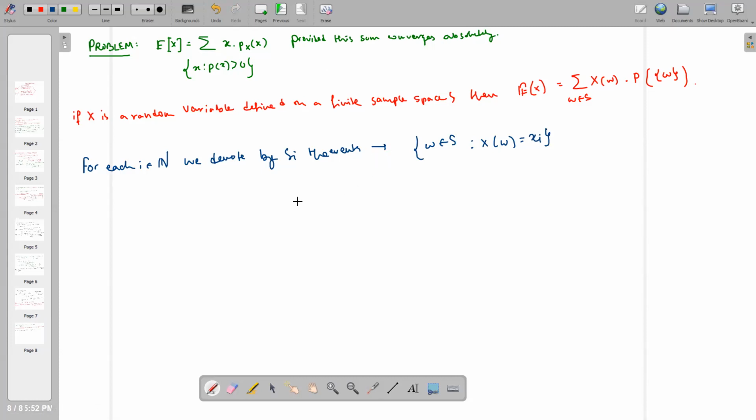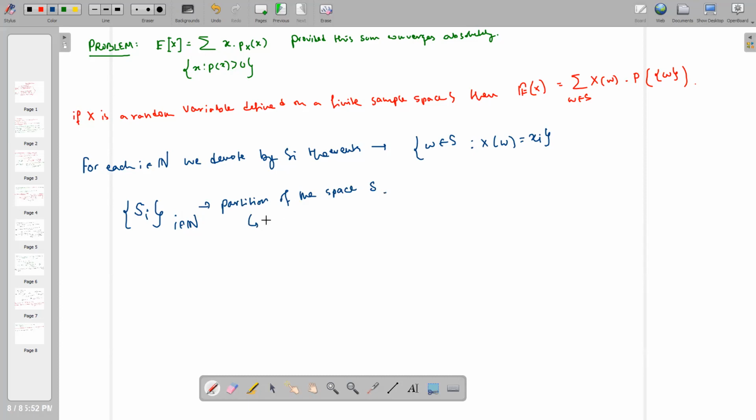Now look at this, the sets S_i are countable and they are also a partition of the space S. So what do I mean by partition?